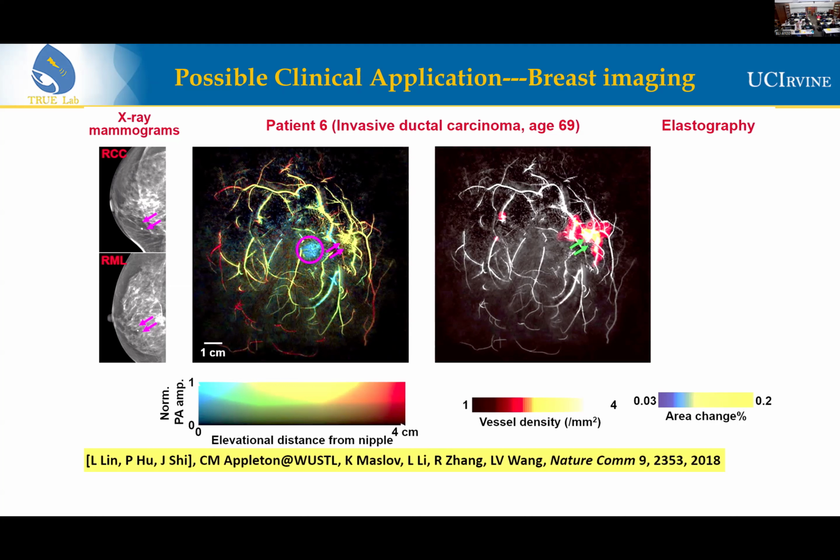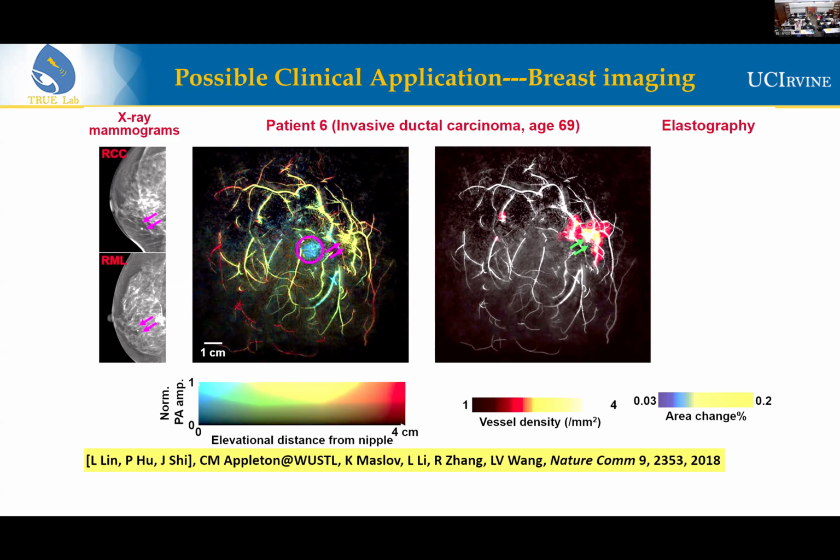I just want to ask, do you guys know what is the gold standard for breast imaging right now in clinic practice? Mammogram, yes. Mammogram is the gold standard in clinic practice. I was told almost every woman is suggested to take a mammogram whenever they're older than 50.